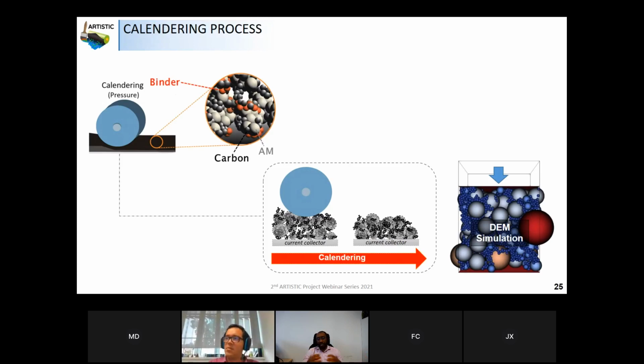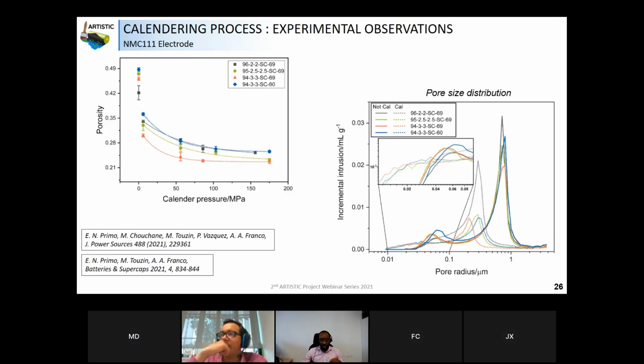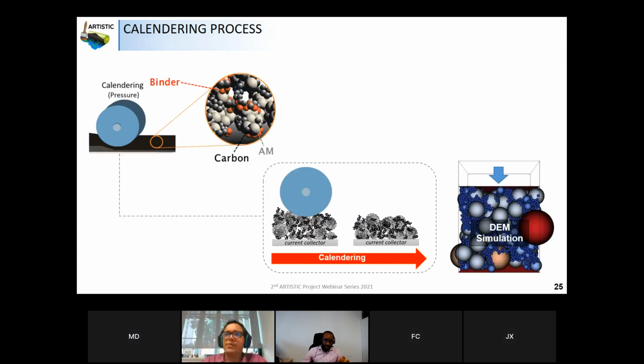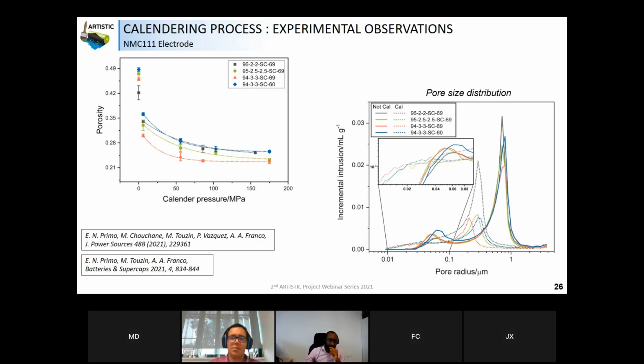The particle that we have is linked to the real property of the real material, so you have some kind of mechanical property that you have to put in the particle. But the strategy is almost the same. You apply pressure on your electrode in order to reduce the porosity and to increase the contact between the particles. This is the idea, and we do it with the DEM simulation.